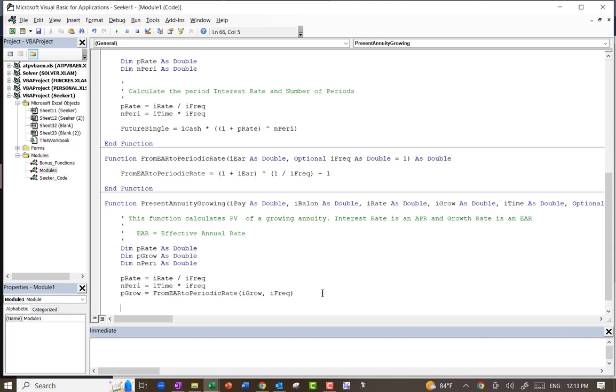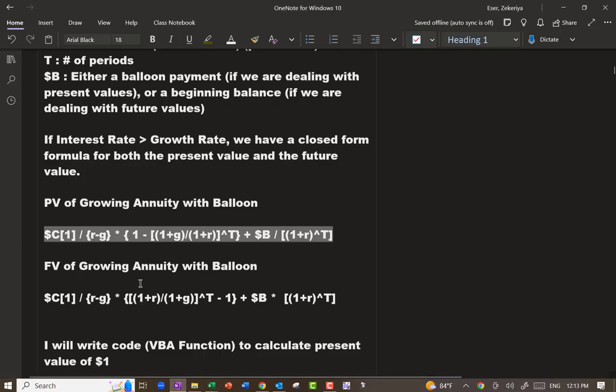Okay. So let's see. I'm going to do another local variable. Let's call this Dim pBalloon. So let's calculate that one as well. Well, we have a function that's called PresentSingle, right?